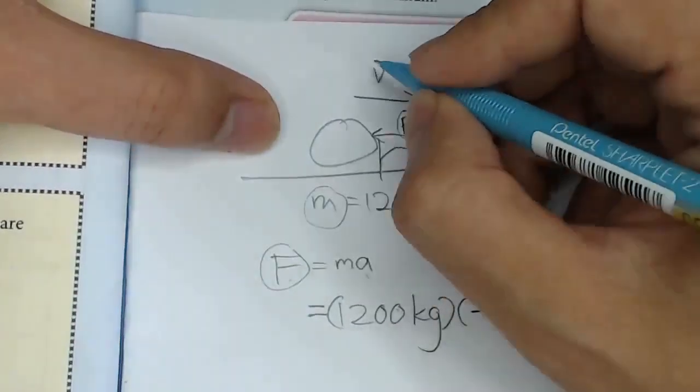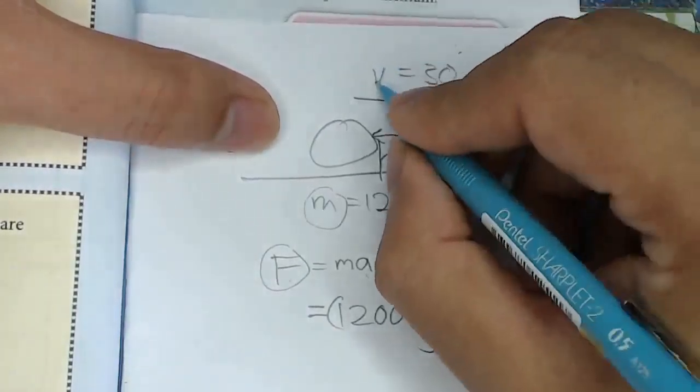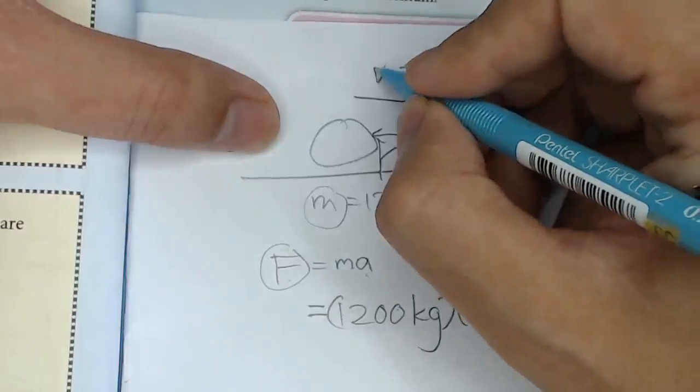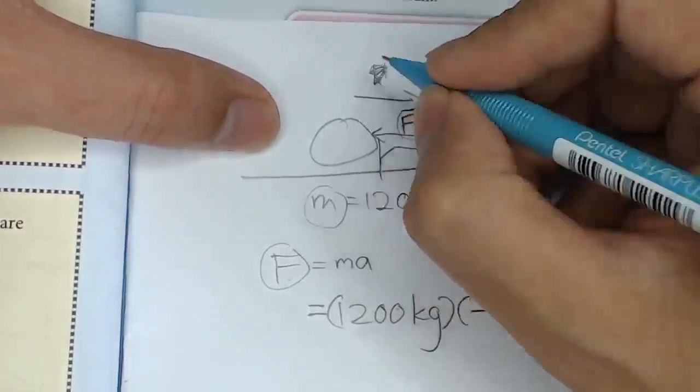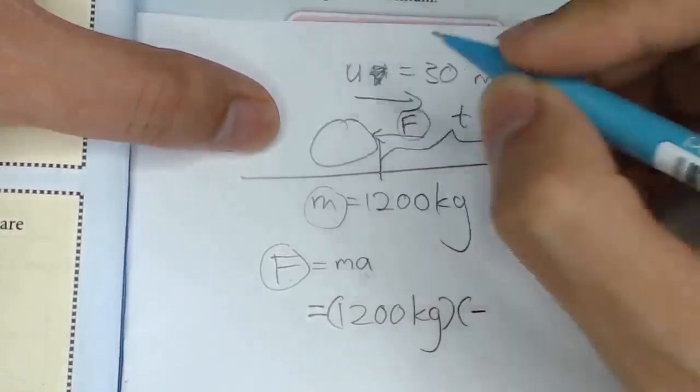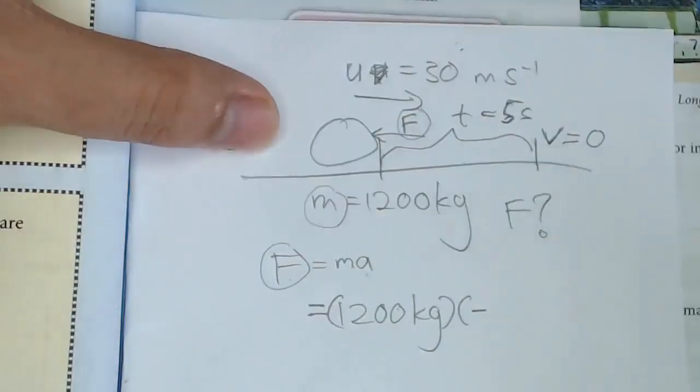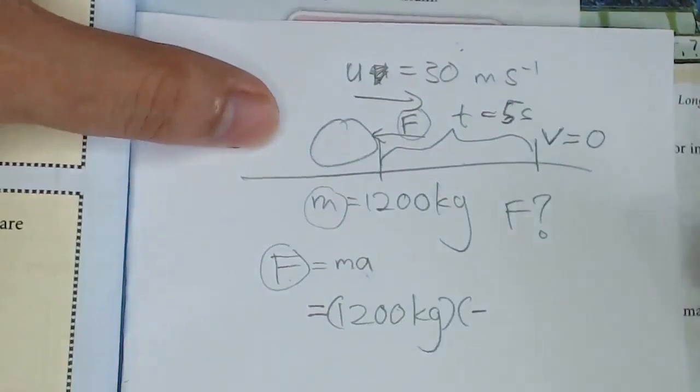So this V we have to use, because it is the initial velocity, we need to alter the symbol. We need to use the symbol U, so we might not get confused later.